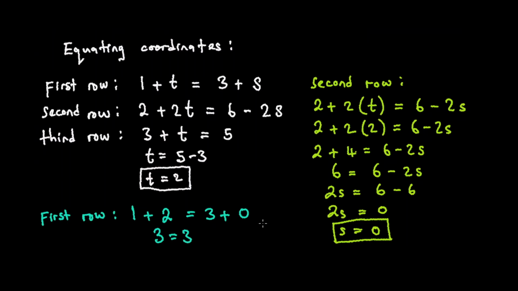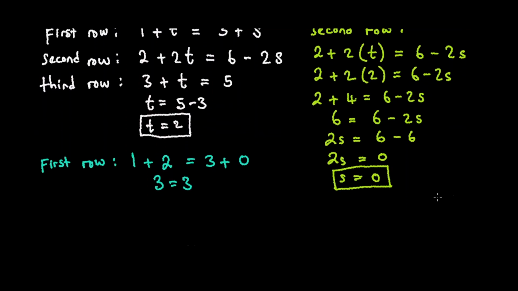So we have seen that the value of t is constant and the value of s is constant because they are balancing off inside those three equations. So we can conclude that therefore the lines intersect. So this is how we test if the parameters are constant.